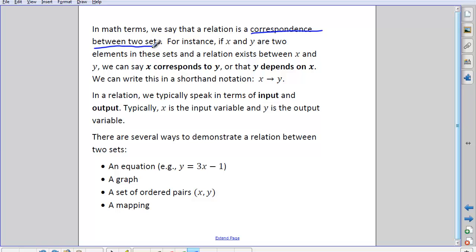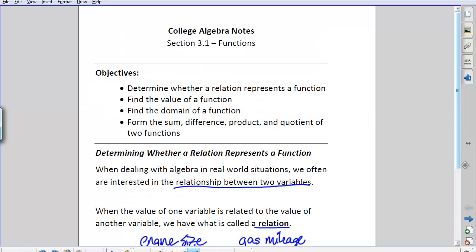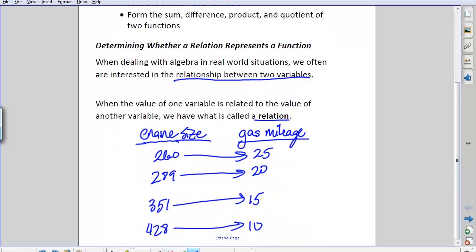So we could say that if x and y are two elements in the sets and there's a relationship between x and y, we could say that by saying x corresponds to y, or we could say y depends on x. Again, going back to our engine sizes and gas mileages, maybe this is our x variable, gas mileage is our y variable, and we could say that x corresponds to y.